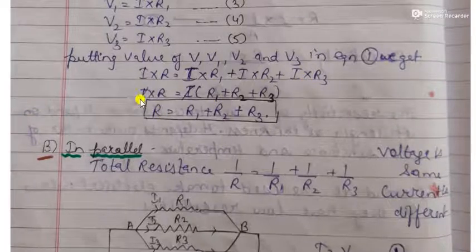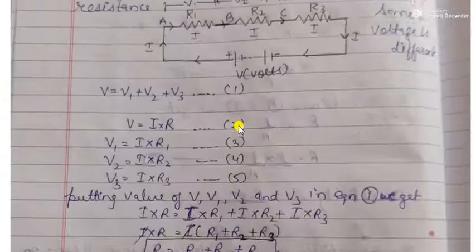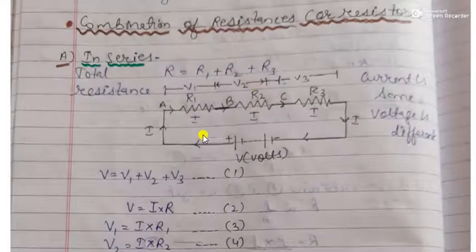We can take I common from both sides and it will cancel, and at last we will obtain R = R1 + R2 + R3. It means in series connection, the total resistance of the circuit is obtained by adding the individual resistances.